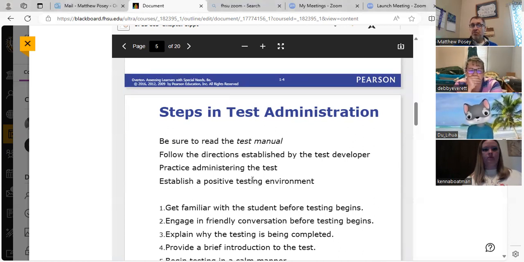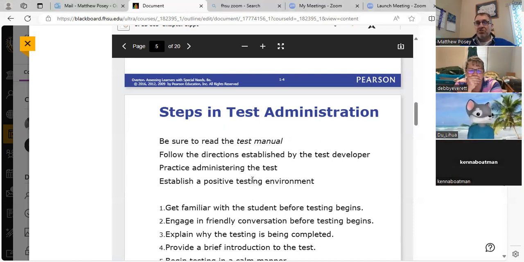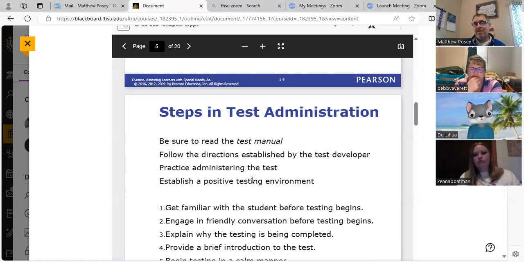It's also good for us as an administrator of those tests to make sure that we have had plenty of practice administering those. We don't want to just acquire a new test that we're maybe not familiar with and then jump right in and start using it immediately. So to keep that reliability and validity, we've had practice administering that.